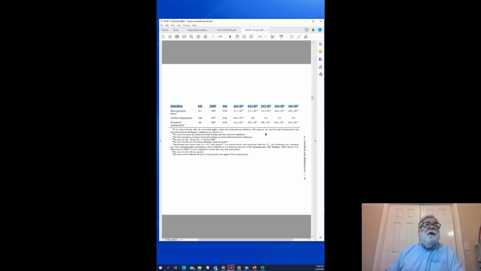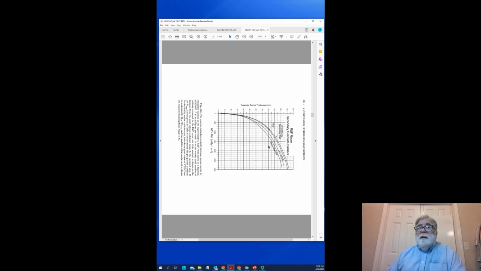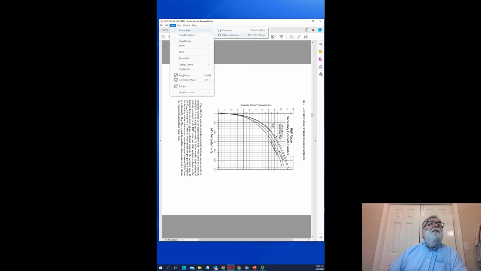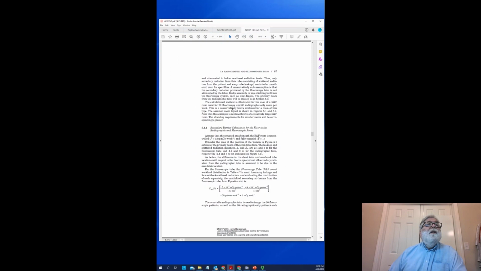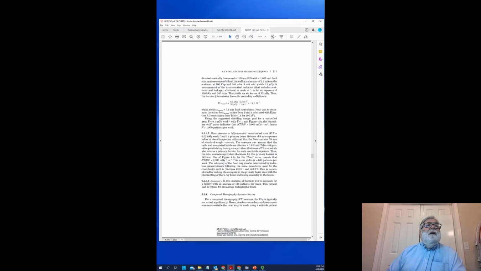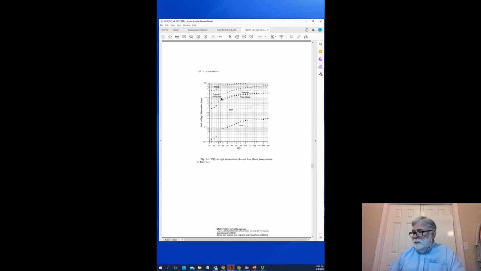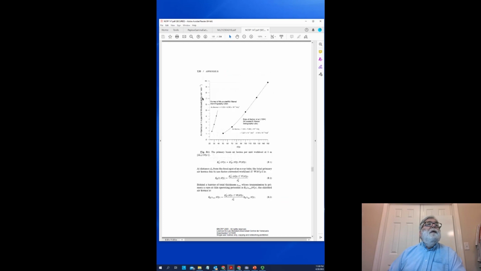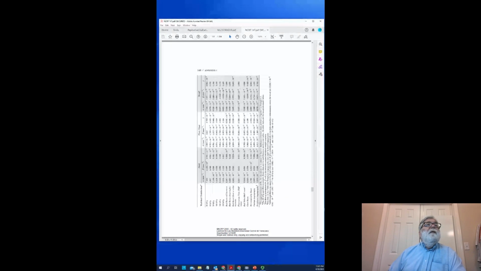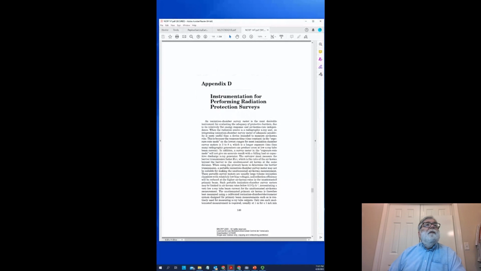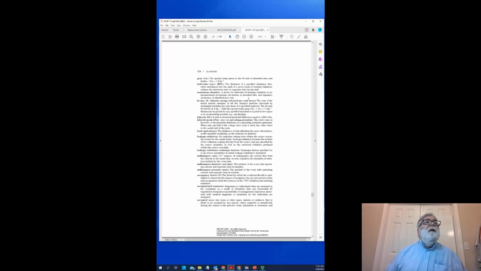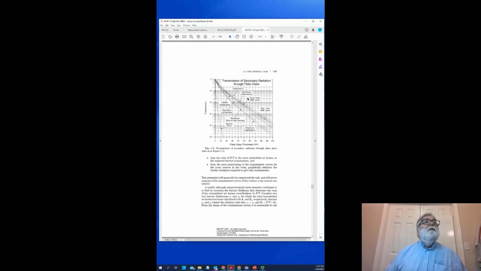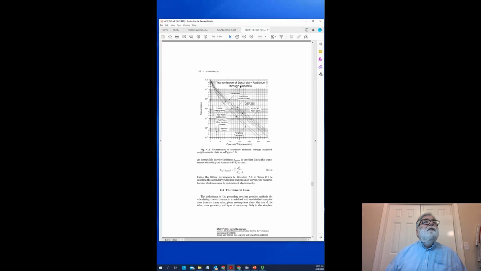Now, we go back to our appendix. There it is, the transmission of secondary radiation through lead.